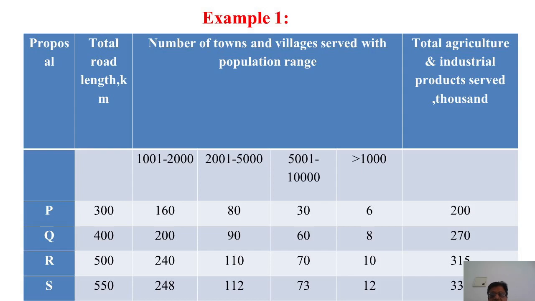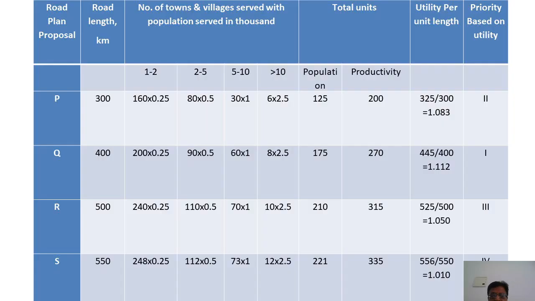If the value was not given in the problem, then you could have assumed a higher value, probably 5 or 10 for industrial product compared to the agriculture. But here they have clearly mentioned it is both for agricultural as well as industrial products. So it is 200 into 1 only. Similarly, 270 into 1, 315 into 1, and 315 into 1. So it remains the same thing.